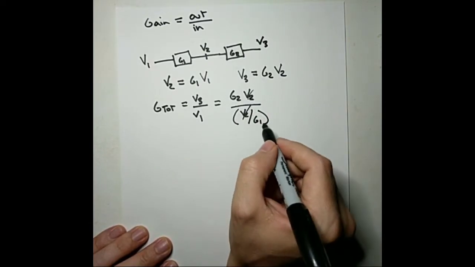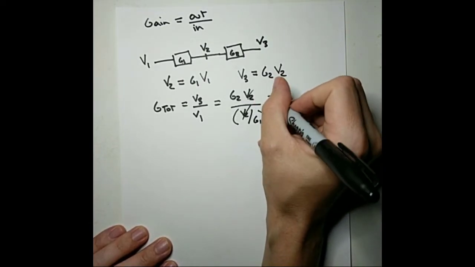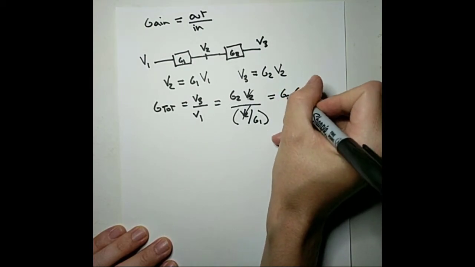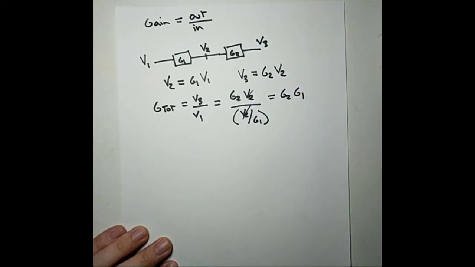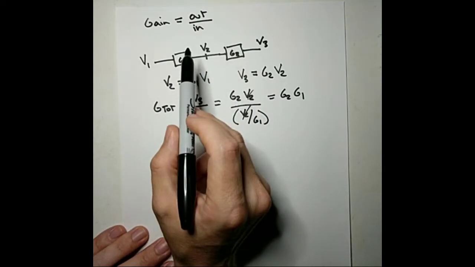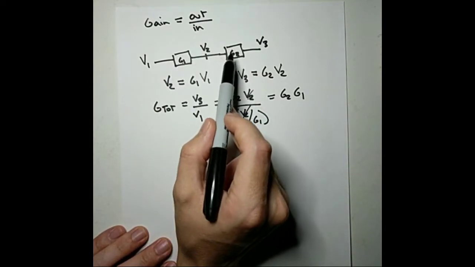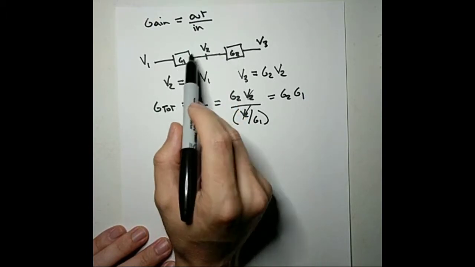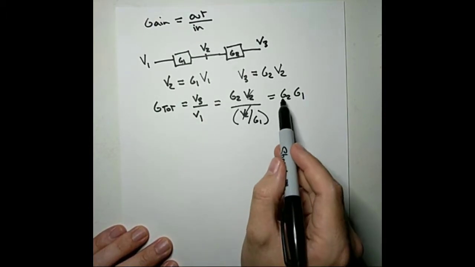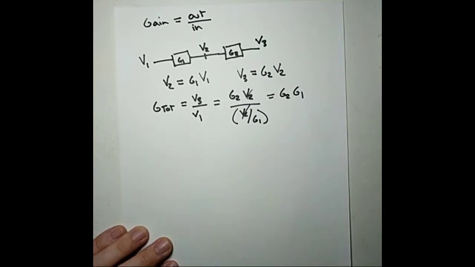And because this is 1 over G1, it ends up being G2 times G1. So if you have elements with gains and they are in series, you have gains in series, they multiply together to get their overall gain.